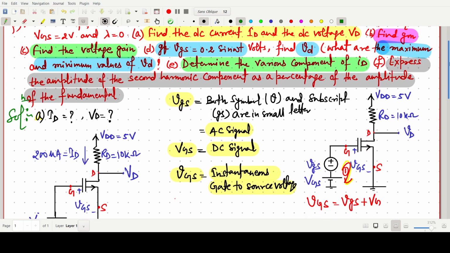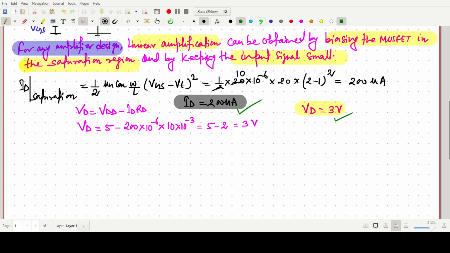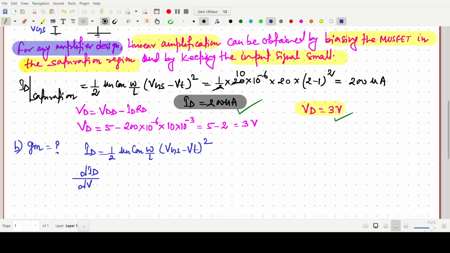Now the second portion, the transconductance GM. As we know, the ID equation is 1 by 2 mu n COX W by L (VGS minus VT) whole square. If we differentiate the drain current with respect to VGS, it gives the transconductance parameter GM.